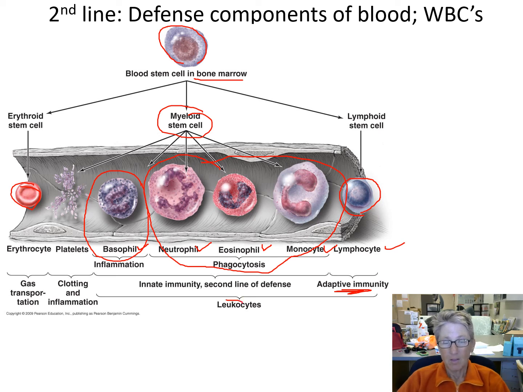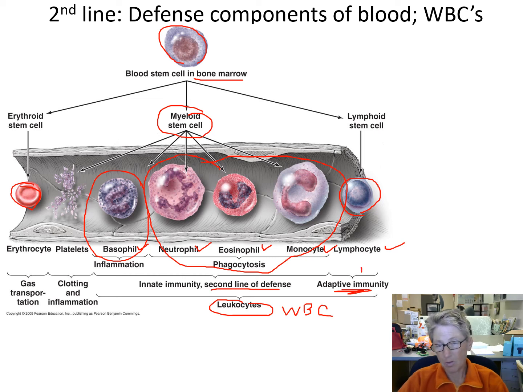The leukocytes, that's just another name for a white blood cell. So the basophil, neutrophil, eosinophil, monocyte, and lymphocytes are all leukocytes, aka white blood cells. The white blood cells involved in the second line of defense are the basophil, neutrophil, eosinophil, and monocytes.